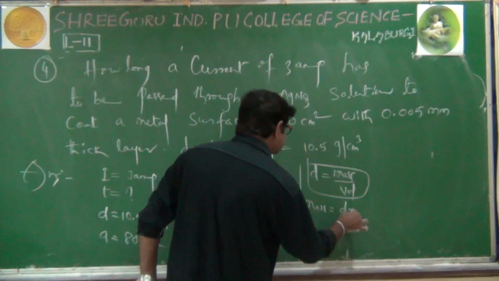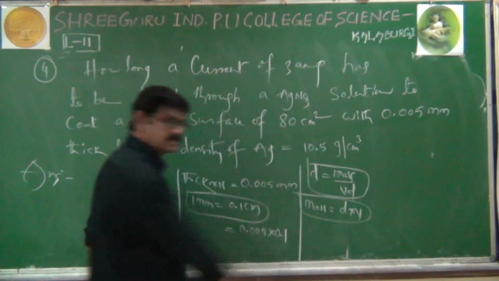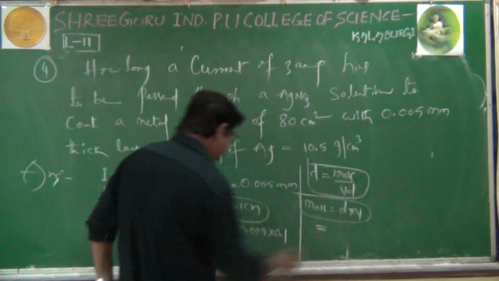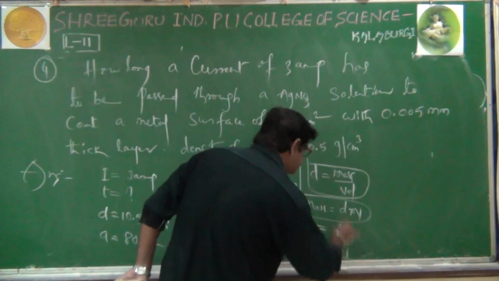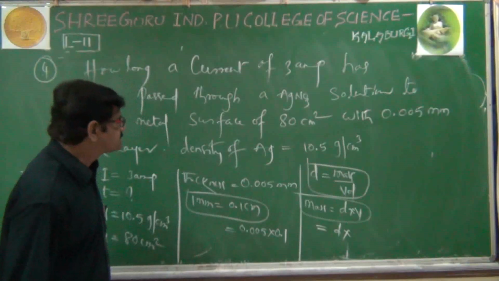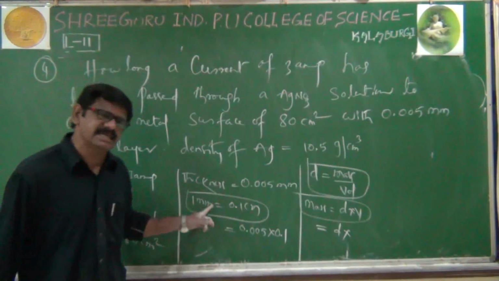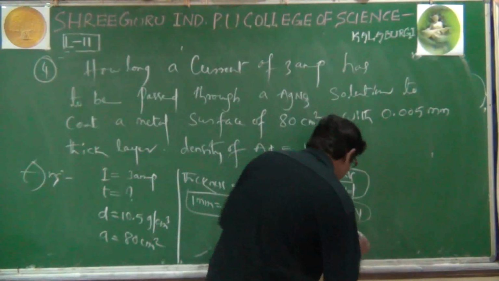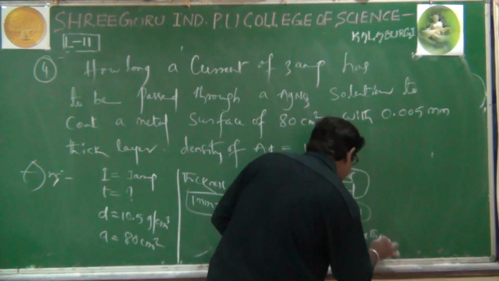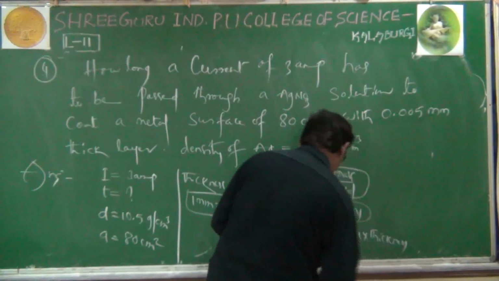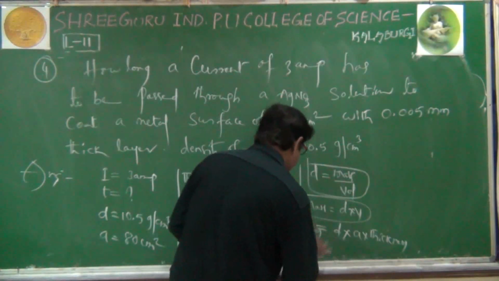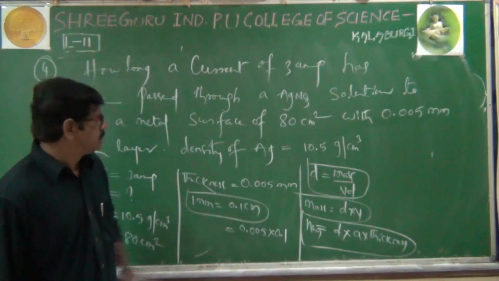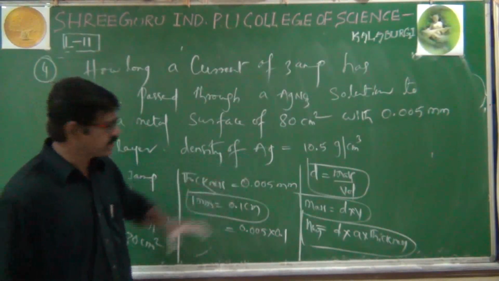Mass is equal to density into volume. Density into volume, where volume is nothing but area into thickness. Therefore, mass is equal to density into area into thickness, and if you substitute all the values, you will get the mass of silver. Okay.